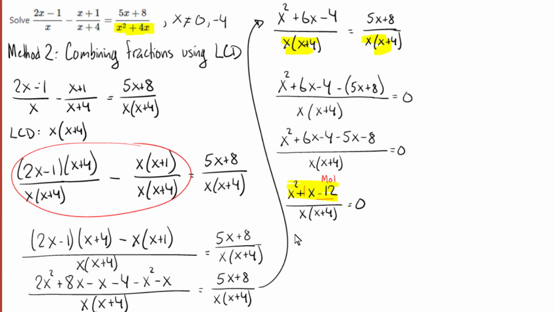So we can factor the numerator as x plus 4 times x minus 3 divided by the LCD. And now we see that this x plus 4 cancels this x plus 4. So we're just left with x minus 3 over x equals 0.